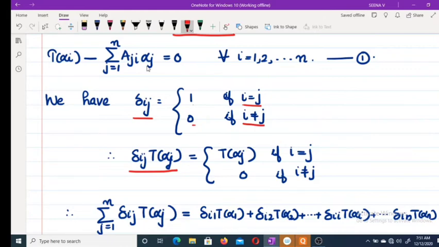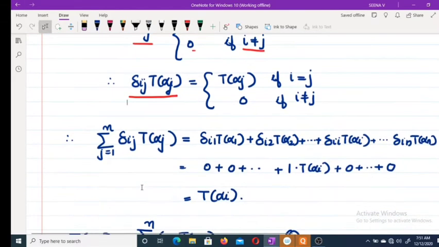Now if you consider summation j varies from 1 to n of delta ij T alpha_j, what happens? Delta i1 T alpha_1 plus delta i2 T alpha_2 plus etc., plus delta ii T alpha_i plus etc., plus delta in T alpha_n.